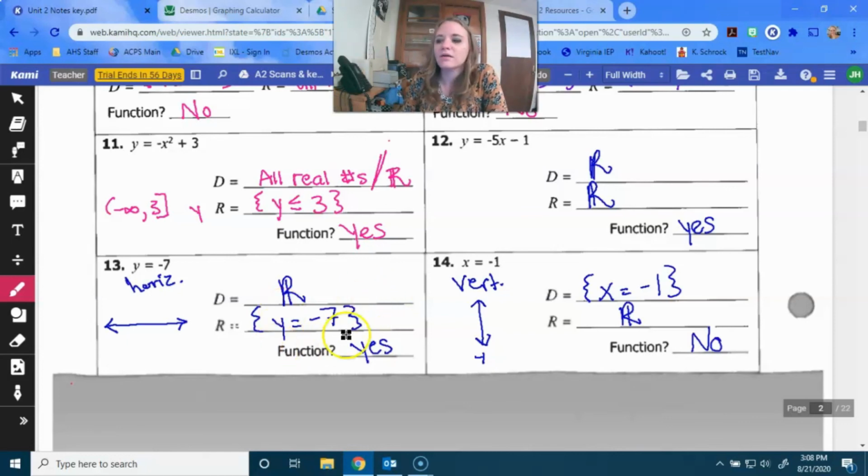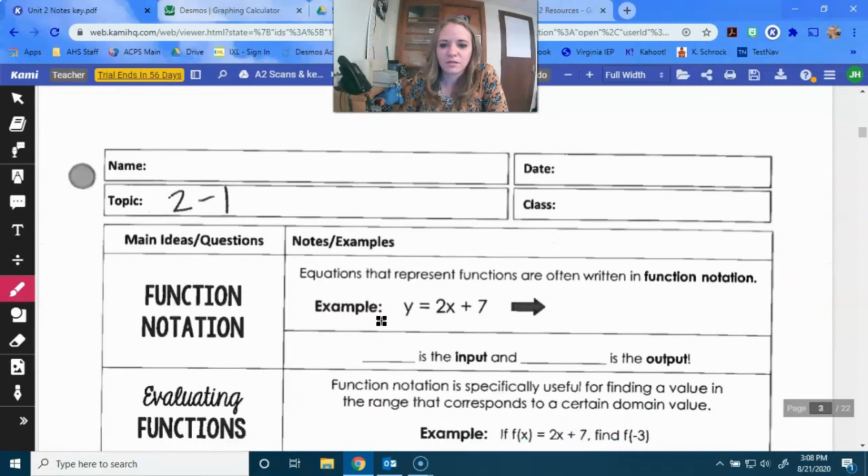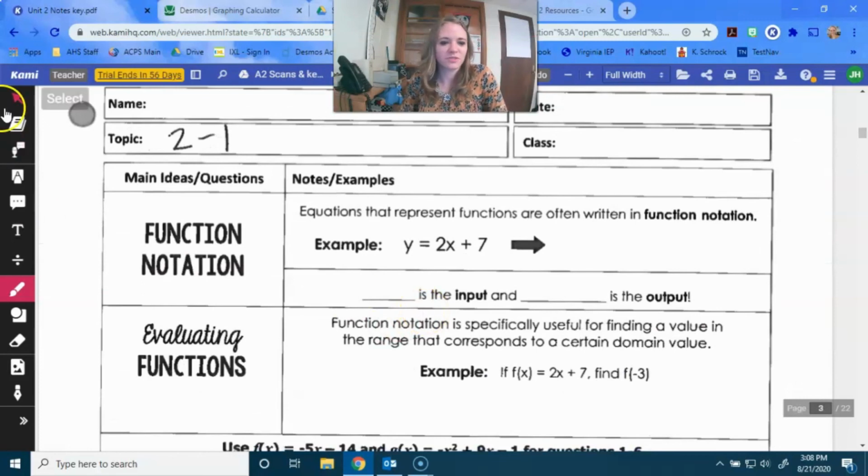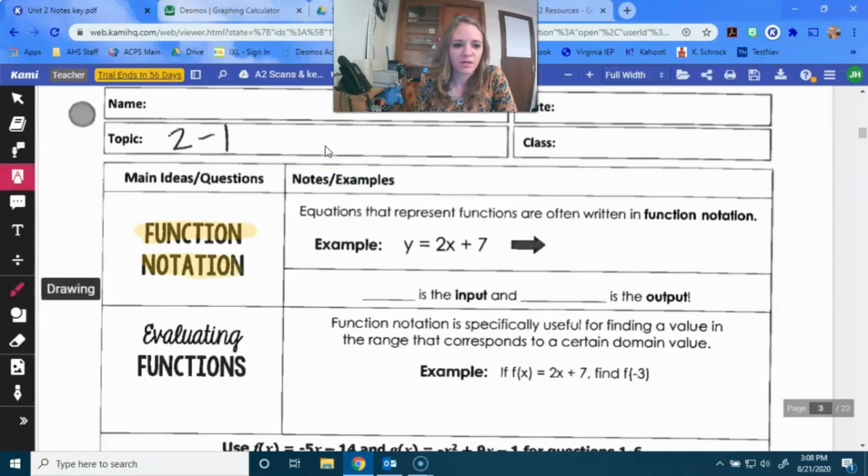All right. Now, let's look at function notation. This, again, should be review. So with function notation, instead of putting y equals, we are putting f of x equals. So y equals 2x plus 7, just written in function notation, would look like this.